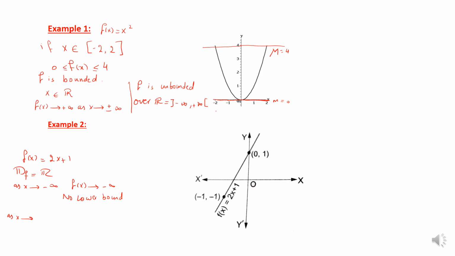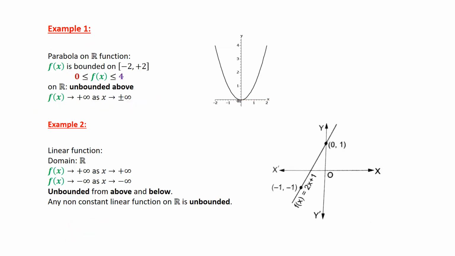As x tends to plus infinity, f of x, which is 2x plus 1, 2 times infinity plus 1, so it's infinity, tends to plus infinity, so no upper bound as well, which means that f is unbounded. Any non-constant linear function on R is unbounded over R. Linear functions are unbounded.